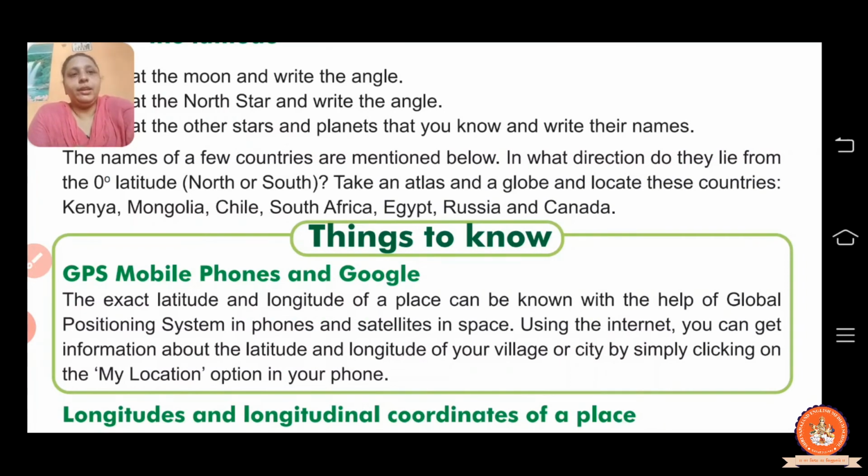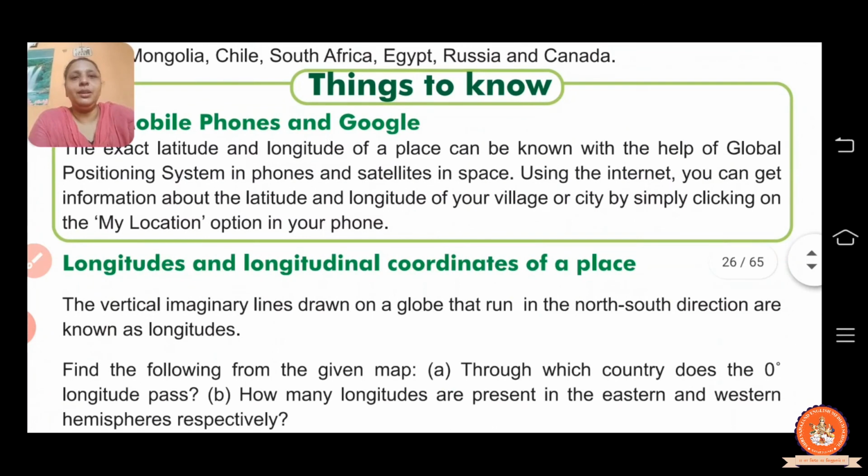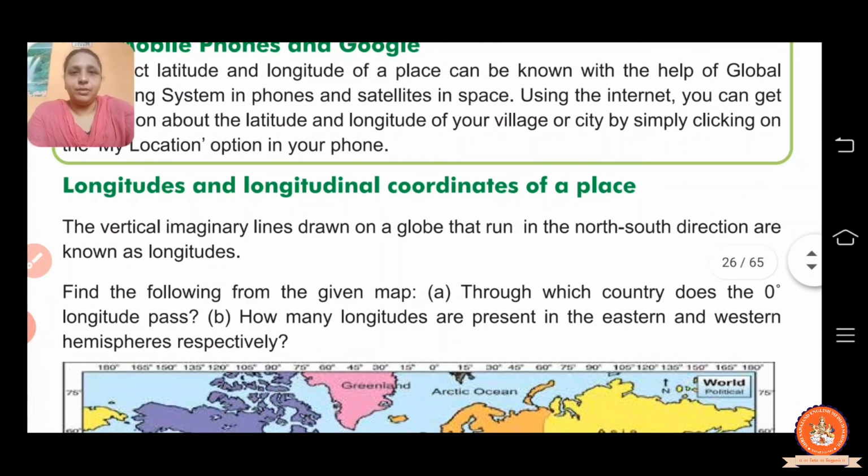Using the internet, you can get the latitude and longitude of your village or city by simply clicking the my location option in your phone.